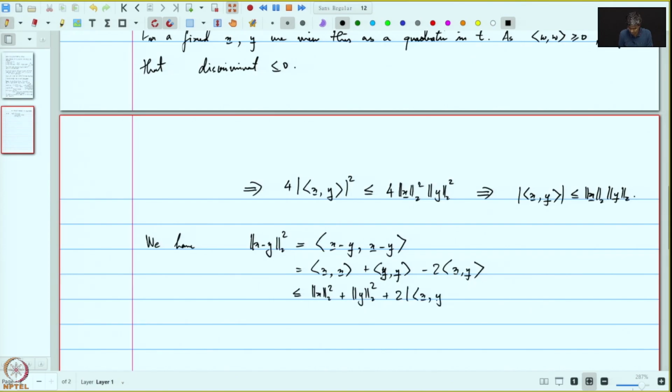So over here we have used the claim. Oh sorry, we have not used the claim yet. We are just taking absolute value. This is less than or equal to. Now here we have used the claim.